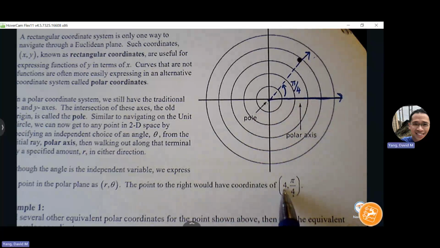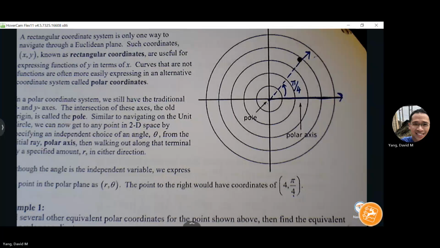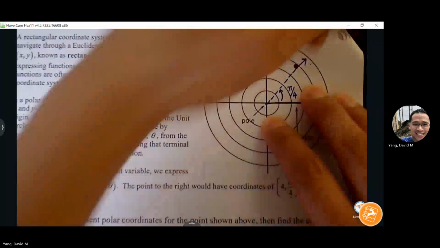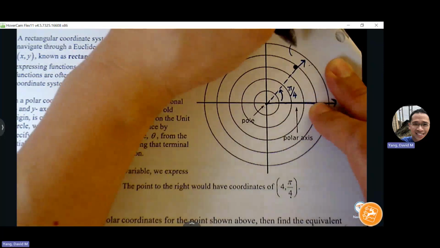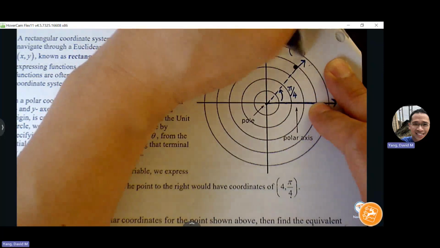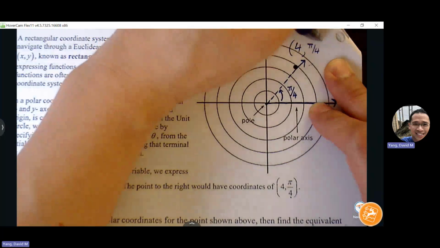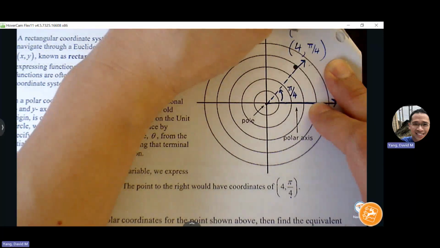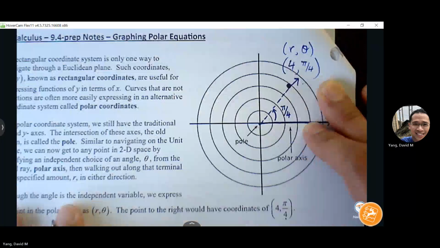So the negative and positive just tells us whether you're walking towards that quadrant or away from that quadrant. Okay, so this ordered pair here is (4, pi/4). Again, this is my radius and my theta, pi/4.